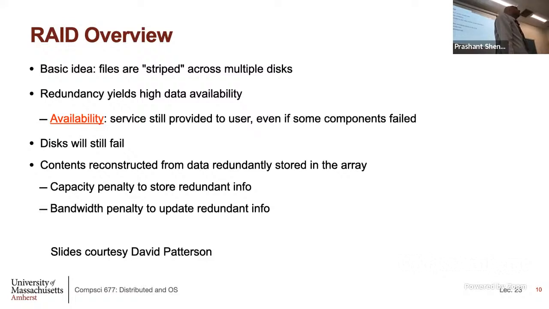Yes. So as you are pointing out, what we have just done by striping is we parallelize the storage. If I put the entire file on one disk and I have to fetch n blocks, I have to send n requests.